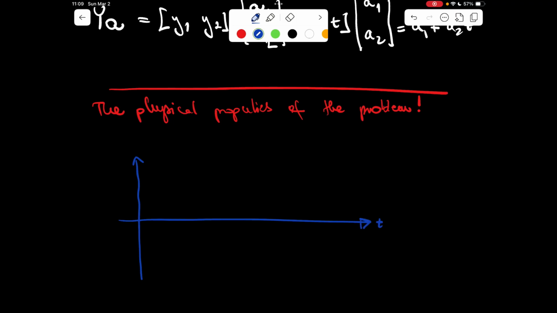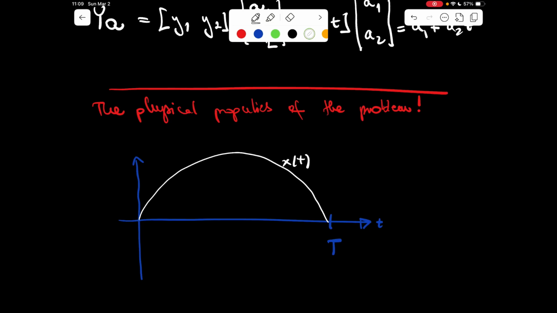This is T. This is the end of the mission. So let's try to imagine a velocity function. So what if velocity takes this form?